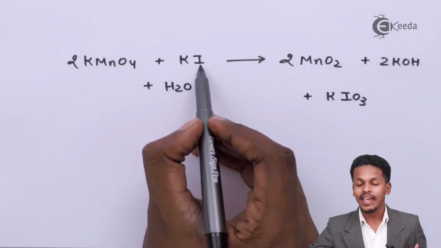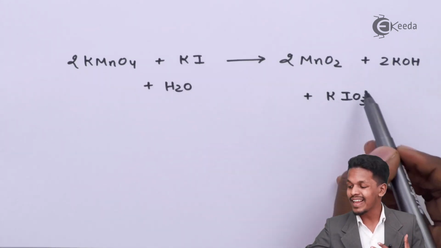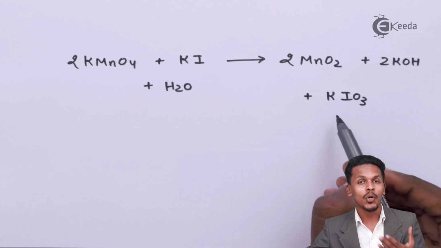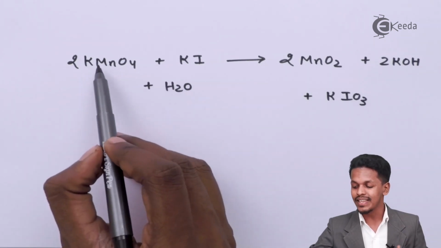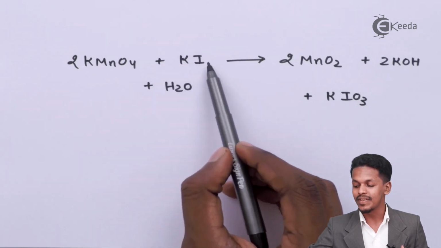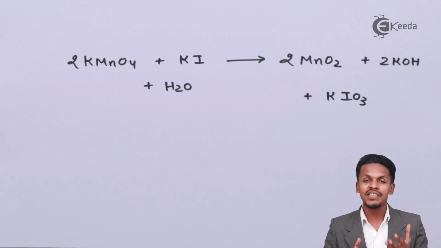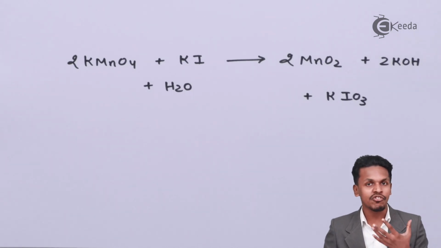In this case KI, that is potassium iodide, is oxidized to KIO3, which is known as potassium iodate. So this is how KMnO4 is acting like a strong oxidizing agent, and this is how KI has been converted into KIO3. This is the reaction where KMnO4 is acting like a strong oxidizing agent.